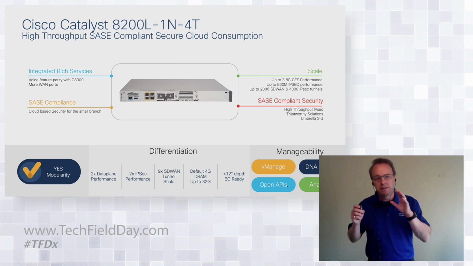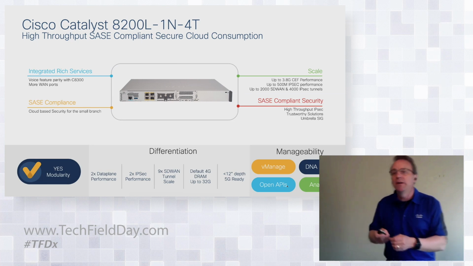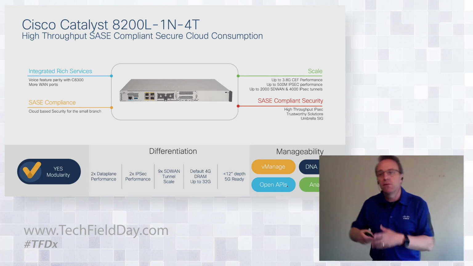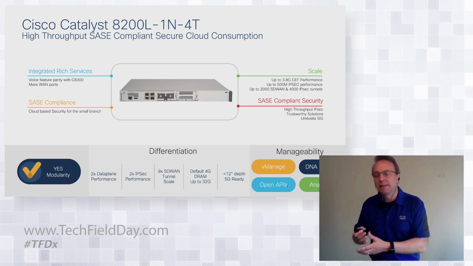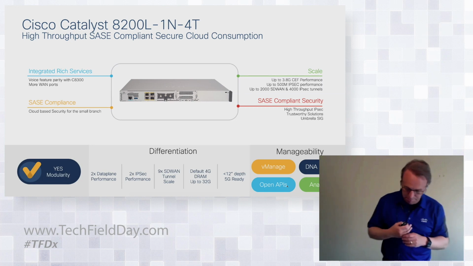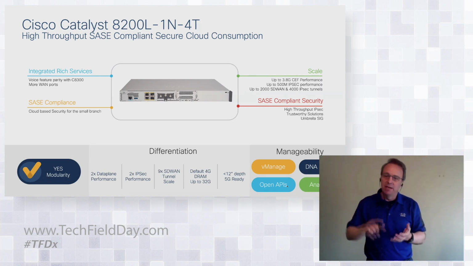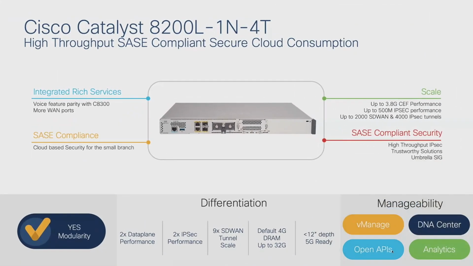So this is a very high performance, small form factor branch router. It's not positioned for integrated security and things like that, like some of our higher end boxes are. This one is positioned for high scale and high scale data plane performance.